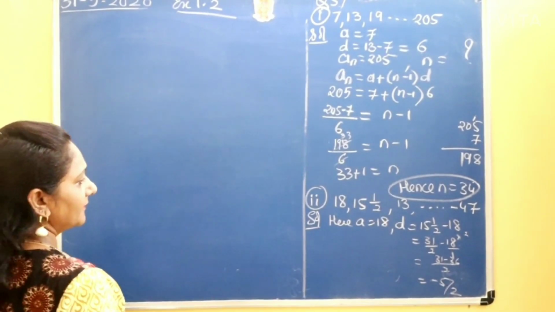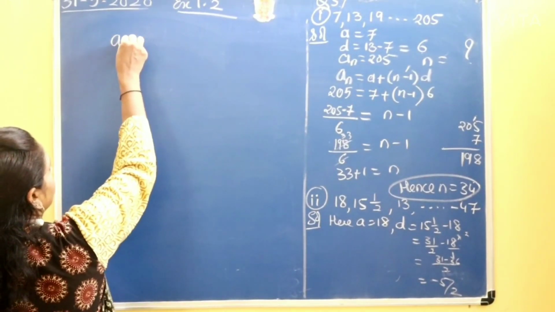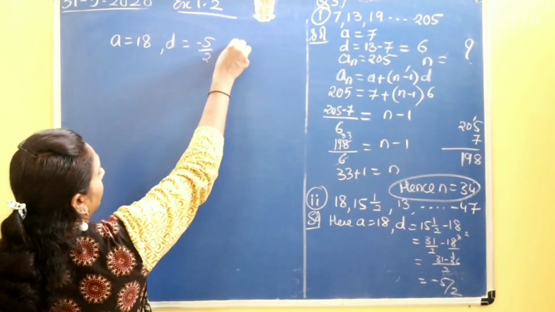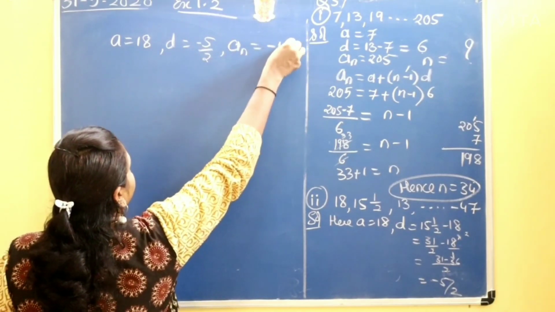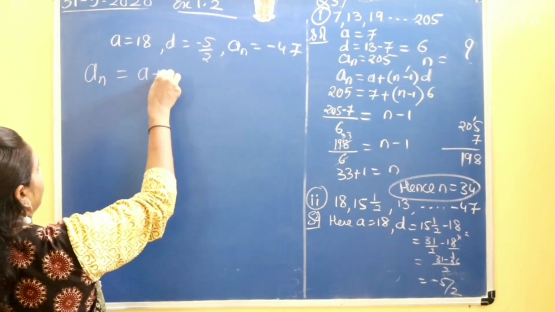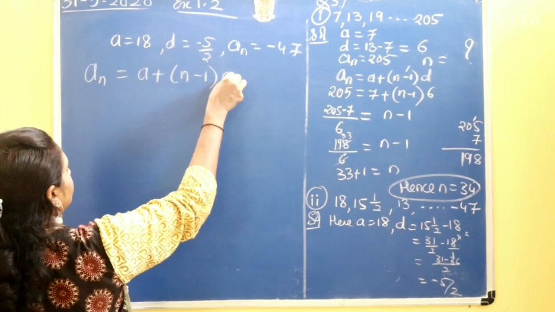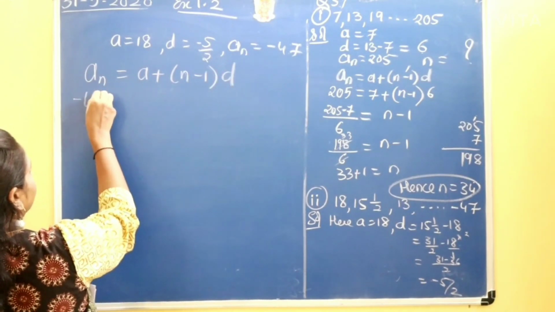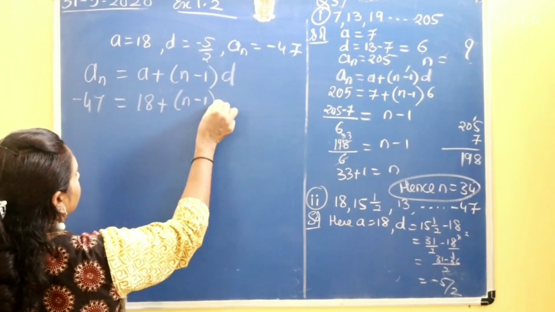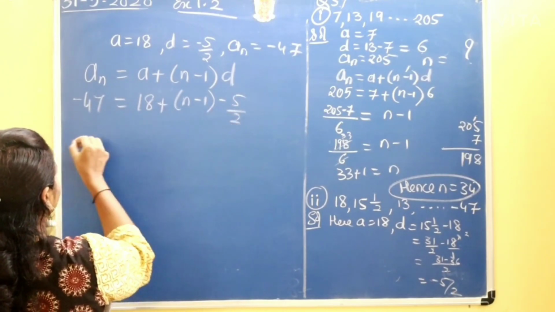So here we have A is equal to 18, D is equal to minus 5 by 2, AN is equal to minus 47. Use the formula AN is equal to A plus N minus 1 into D. Minus 47 is equal to 18 plus N minus 1 into minus 5 by 2.